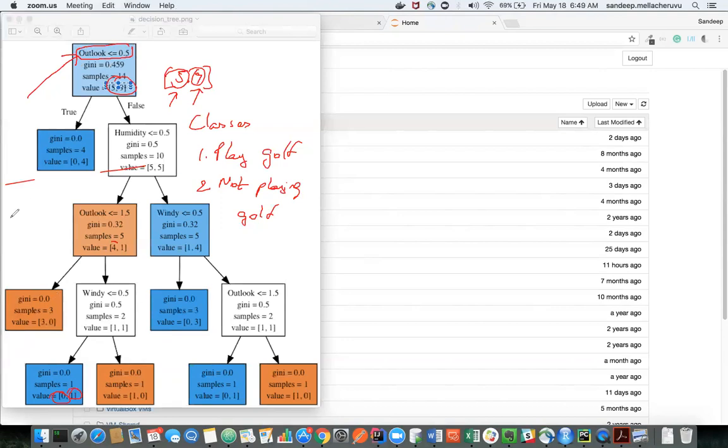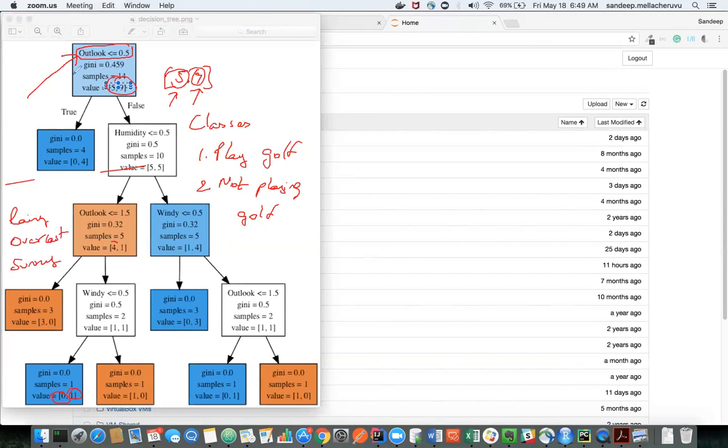Outlook is rainy, overcast, and sunny. So these are the three values that I have.